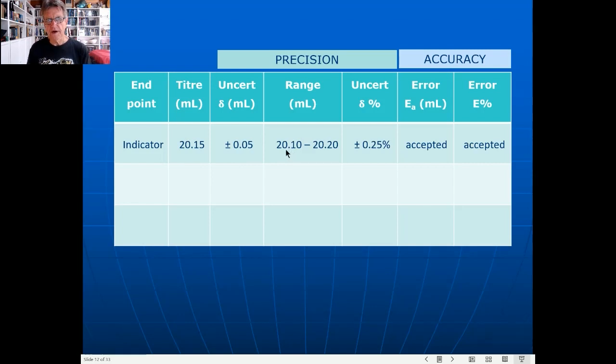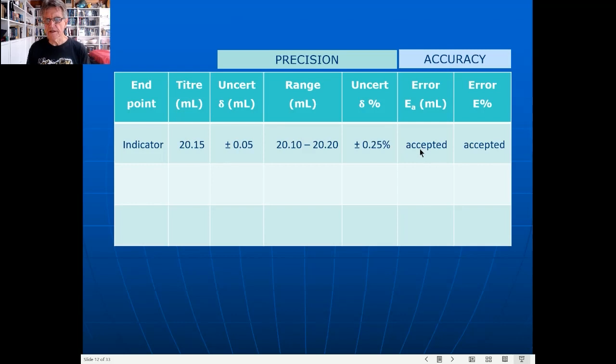So that makes my range 20.15 minus that, which is 20.10, to 20.15 plus 0.05, which is 20.20. The uncertainty expressed as a percent is that value expressed as a percent of the average, and it's 0.25%.